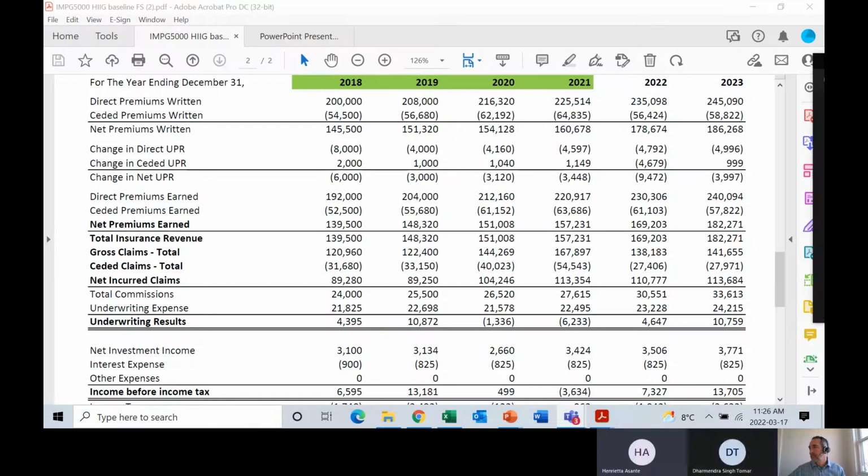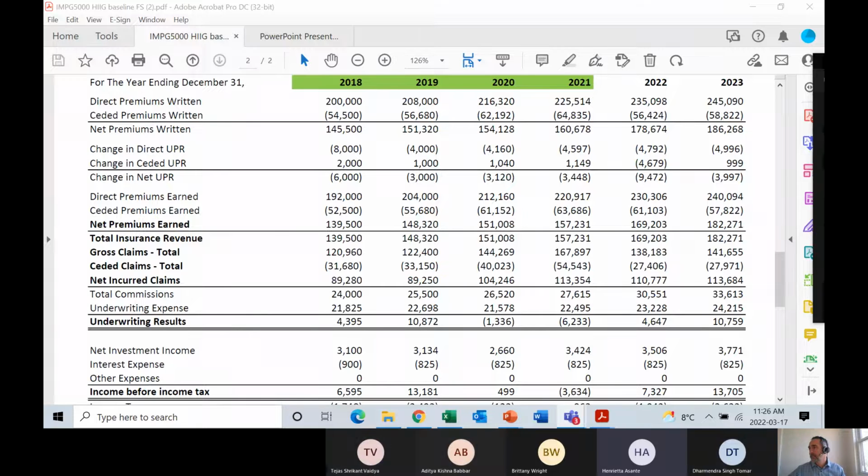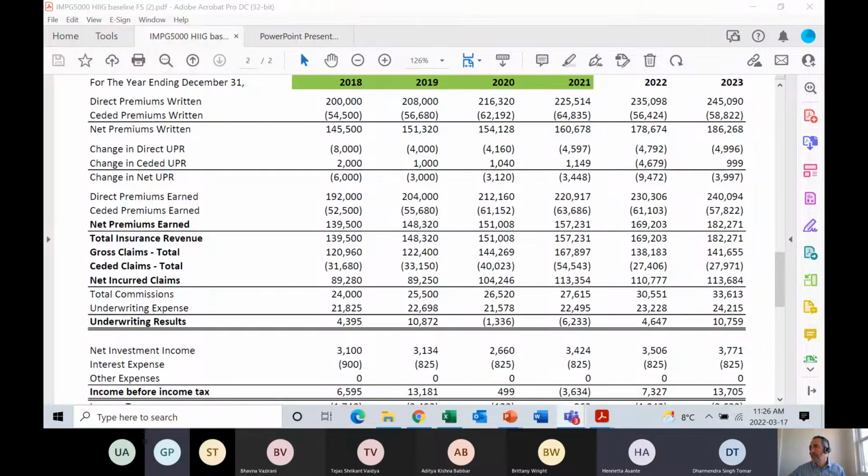In 2022 and 2023. Yeah, that's good. They do have this up the claims time, then it means that you should be able to reduce the claims.